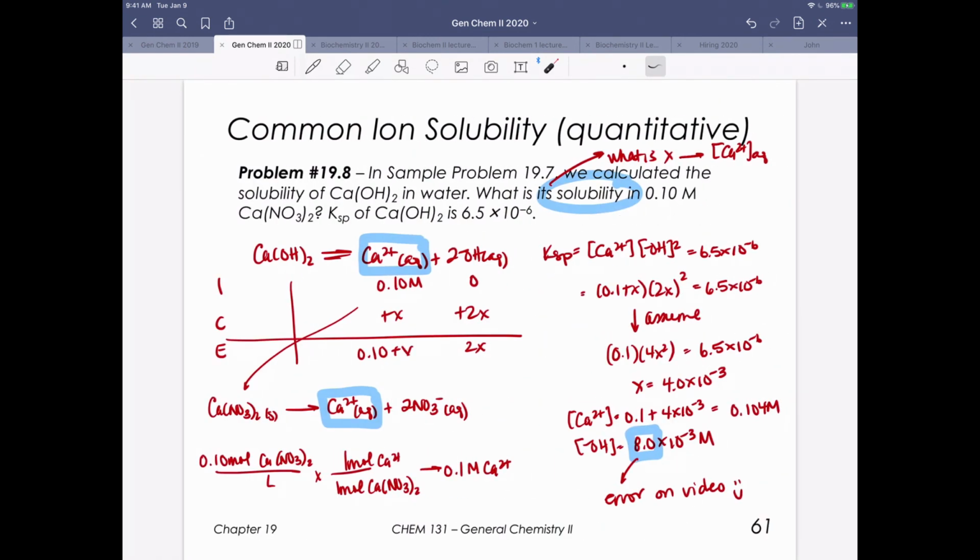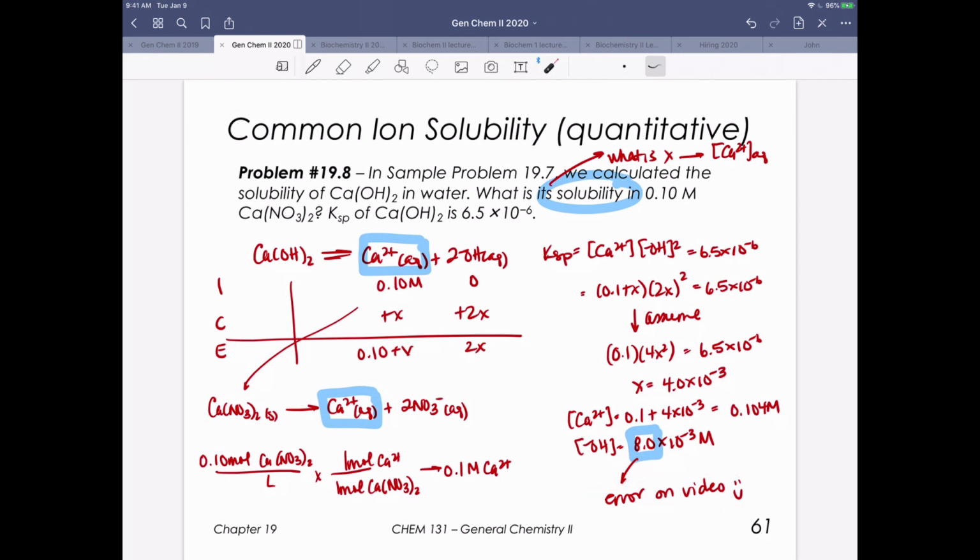Solubility went down. The rest of this problem just goes through and says, what if we wanted to actually calculate what those solubilities were? We would just put those values of X in to calculate what the calcium and then hydroxide concentrations were. This is just a little note.